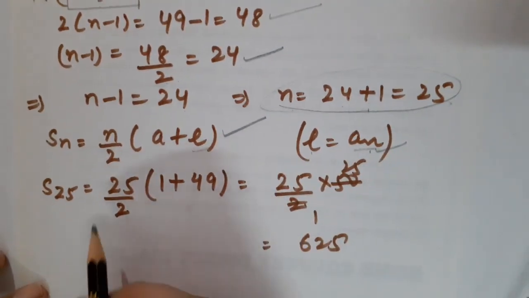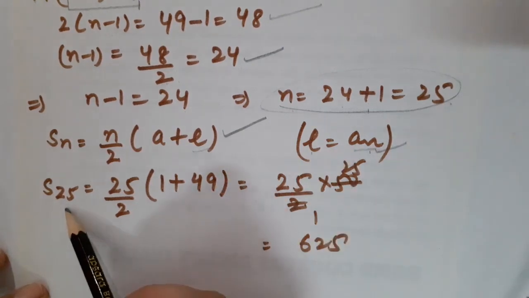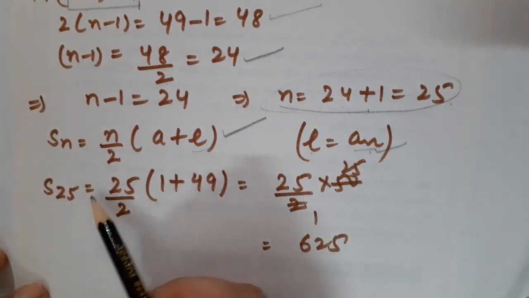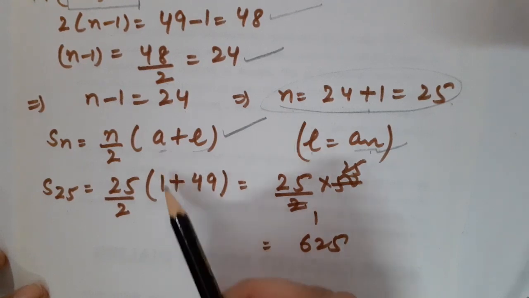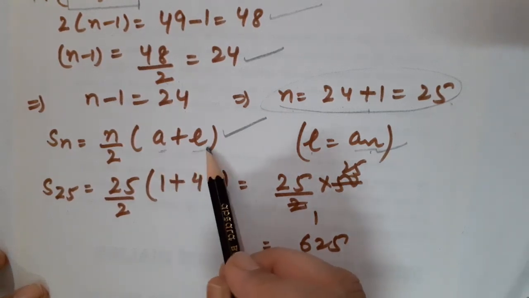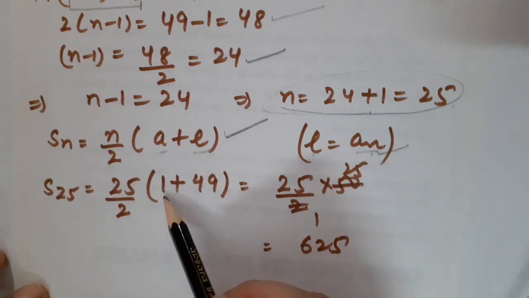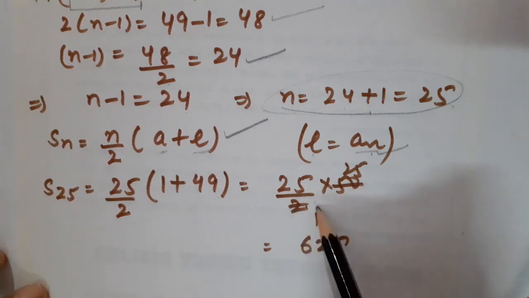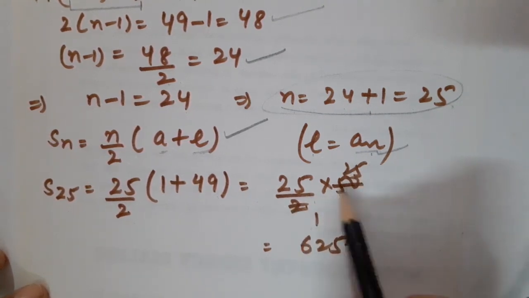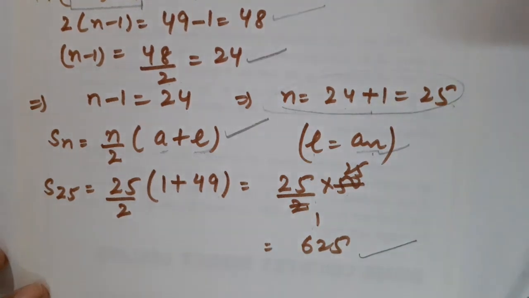Okay, now this is S25, because in place of n you will be writing 25. S25 is equal to 25 upon 2 into, in place of a I am writing 1 which has been given. In place of the last term, I am going to write 49. It would be 1 plus 49, that is 50. Cancel them. 2 ones are 2, 2 25s are 50. So 25 into 25 will give you 625.